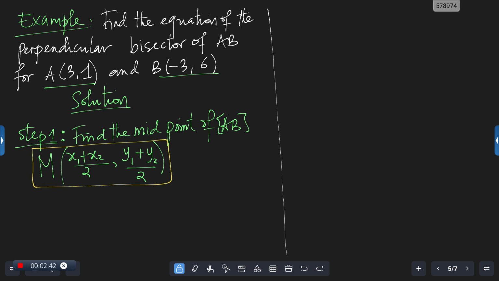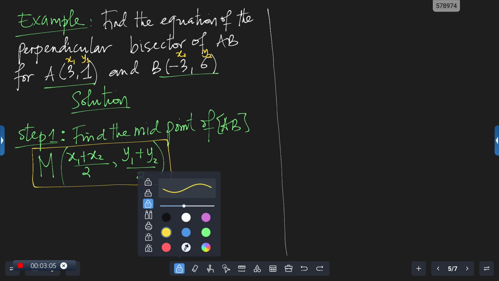Perfect. Now we have to plug in the values. Our point A, the first point, has x1 and y1, and the second point has x2, y2. We plug into the midpoint formula to get the coordinates for the midpoint.